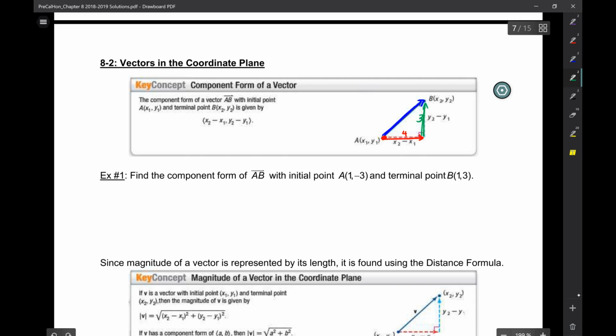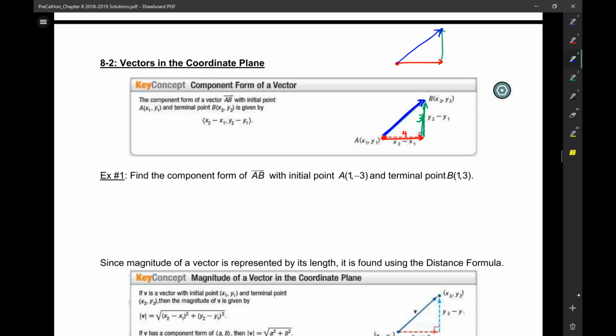When I give you those explicit directions, you can draw the vector precisely. If I said, go to the right 4 units and up 3 units, you can draw exactly what vector I'm referring to.